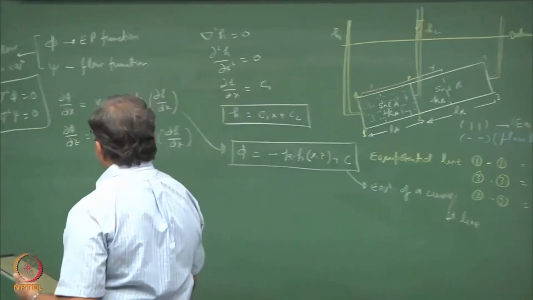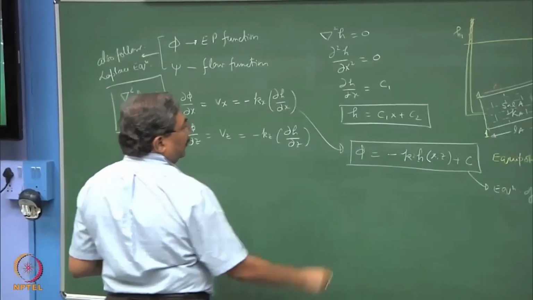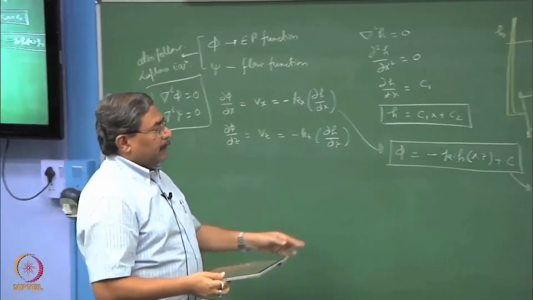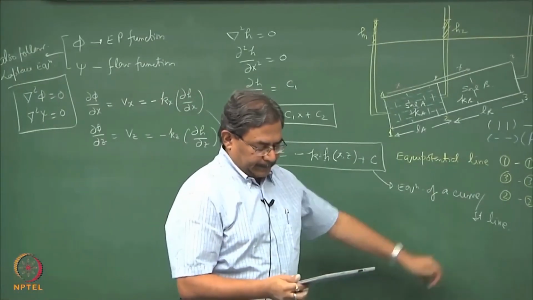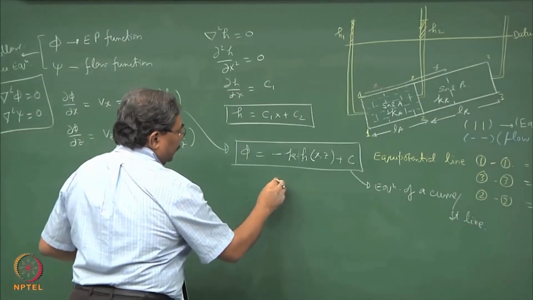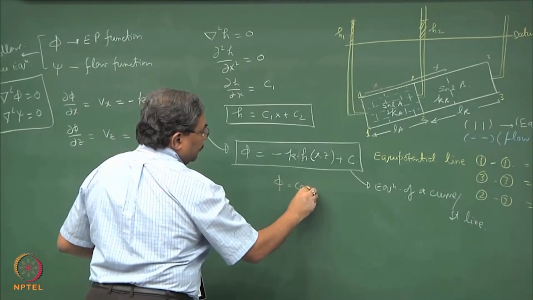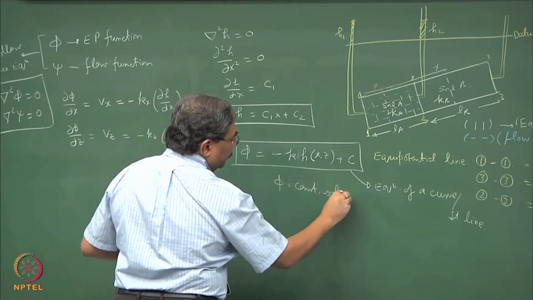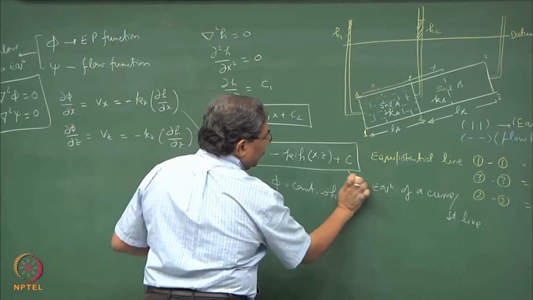So, what this indicates is that the equipotential function or equipotential line could be either a curve or a straight line. Now, suppose I take phi as constant, clear. So, h becomes constant and c also becomes constant.